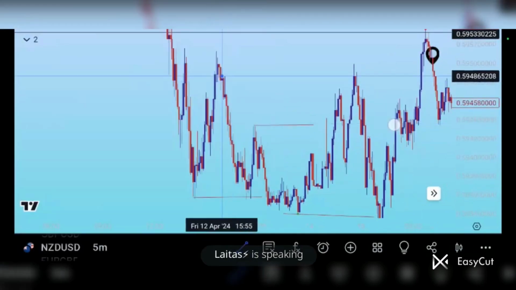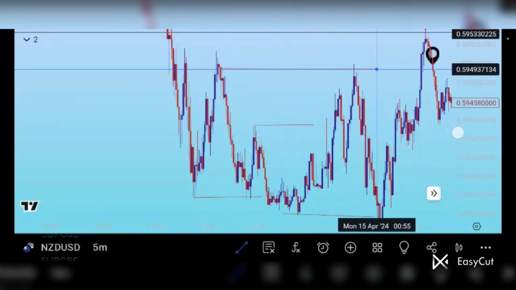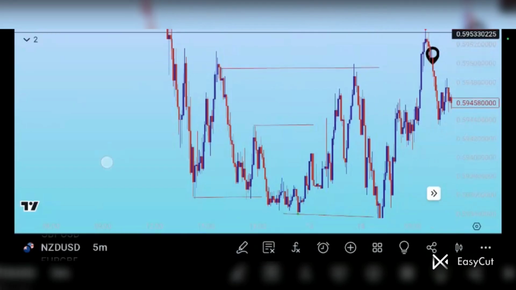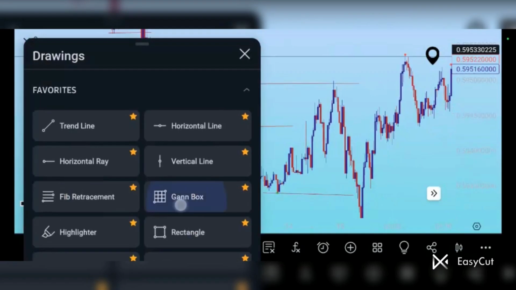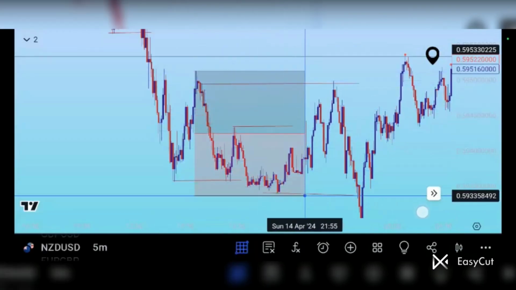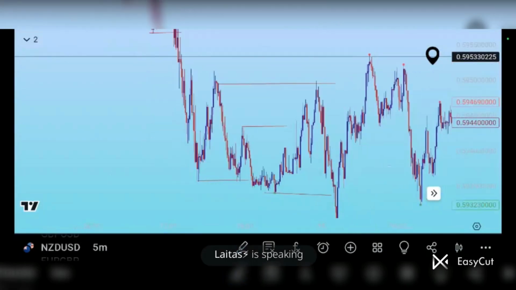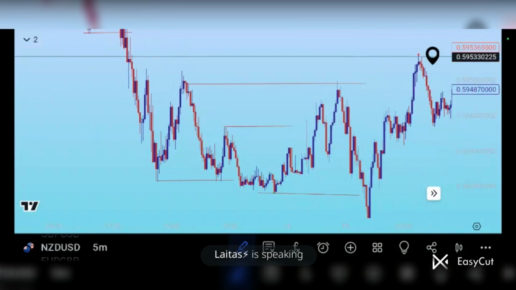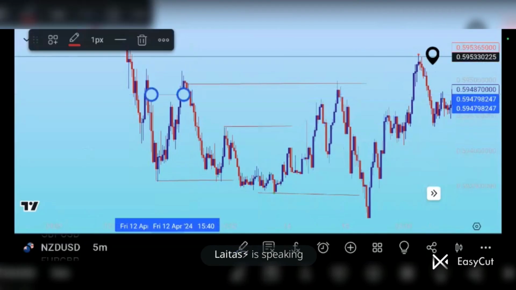You can even choose SQ here. We have this SQ. We have this sweep, price swept. No, this is an SQ too. This one too, SQ. So price swept liquidity here.